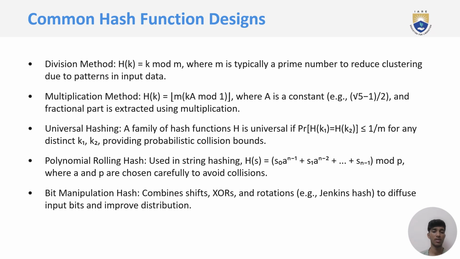Universal hashing uses a family of hash functions and randomly selects one to reduce collision probability. For strings, a polynomial rolling hash is often used. Another approach involves bit manipulation techniques, which combine shifts and XOR operations to produce better distribution of hash values.